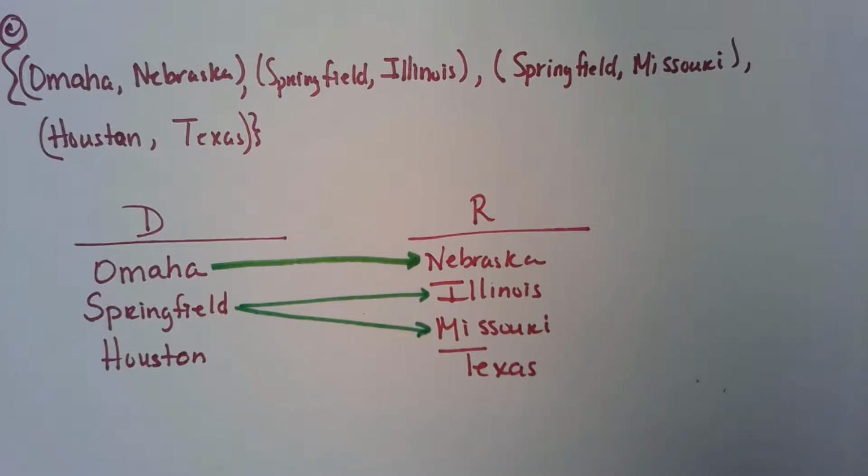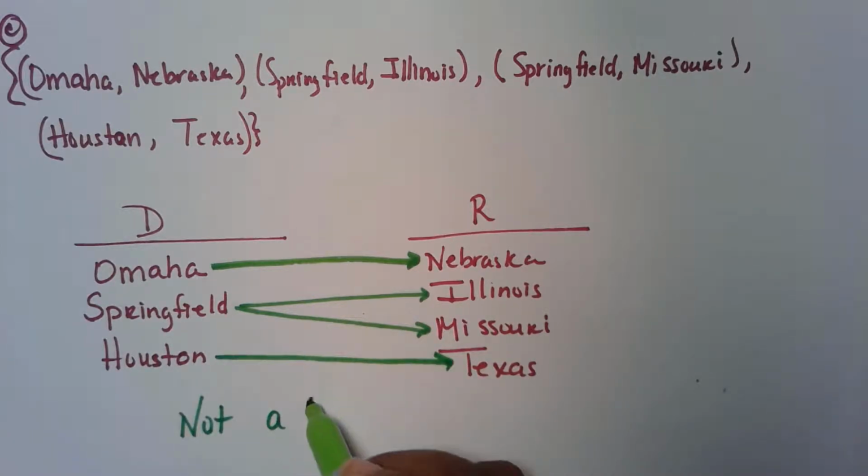Springfield corresponds to two elements in the range. Therefore, this relation is not a function. If you want to pair Houston to Texas, that's fine, but because Springfield is being paired with two y values, this is not a function. There we go.